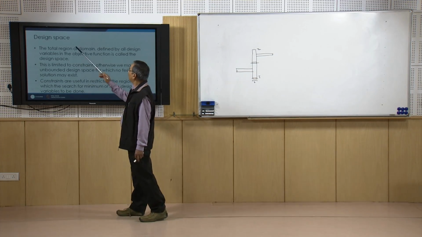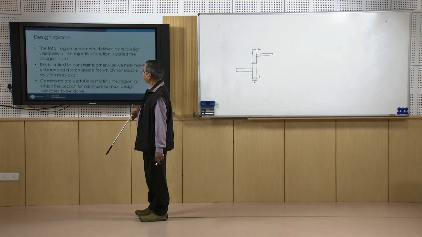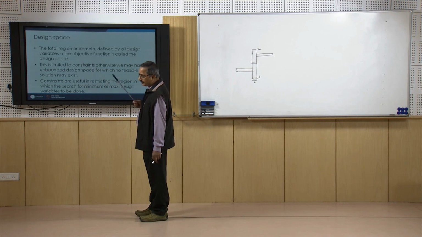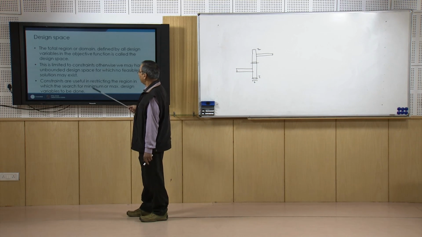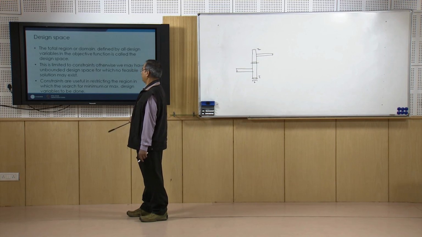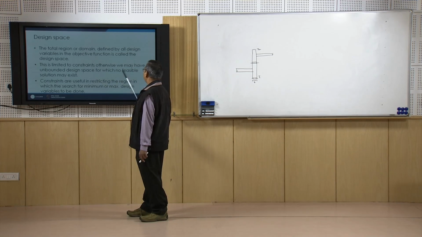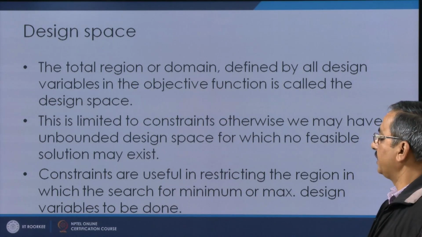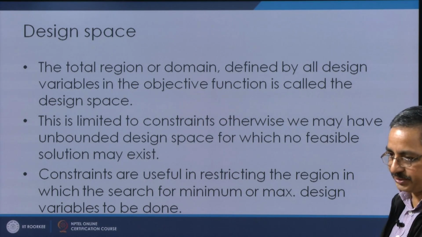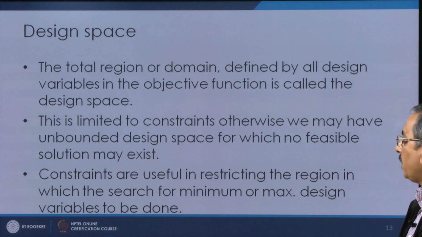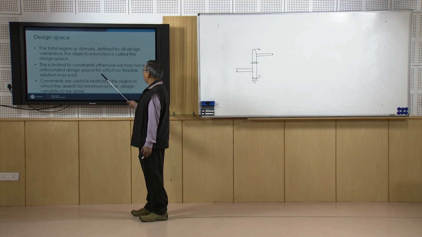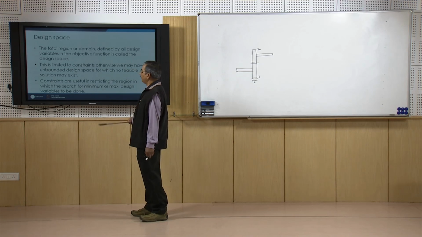This design space is limited by constraints. Otherwise, we may have an unbounded design space. If there are no constraints, we will have the unbounded design space, and for which of course no feasible solution may exist.